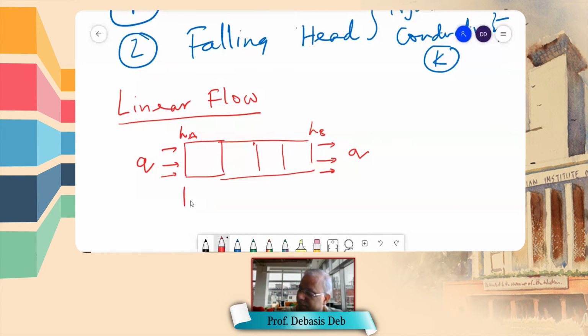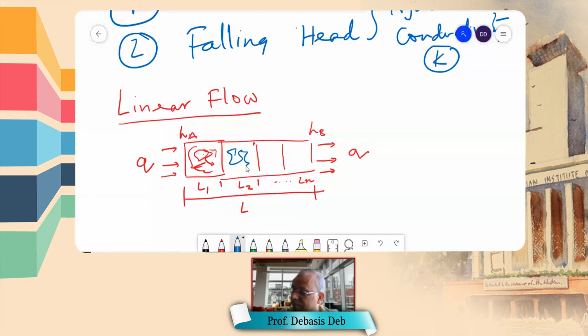And the total length is L, but each length is L1, L2, and so on up to Ln. And this has different rock layers. They're all different.